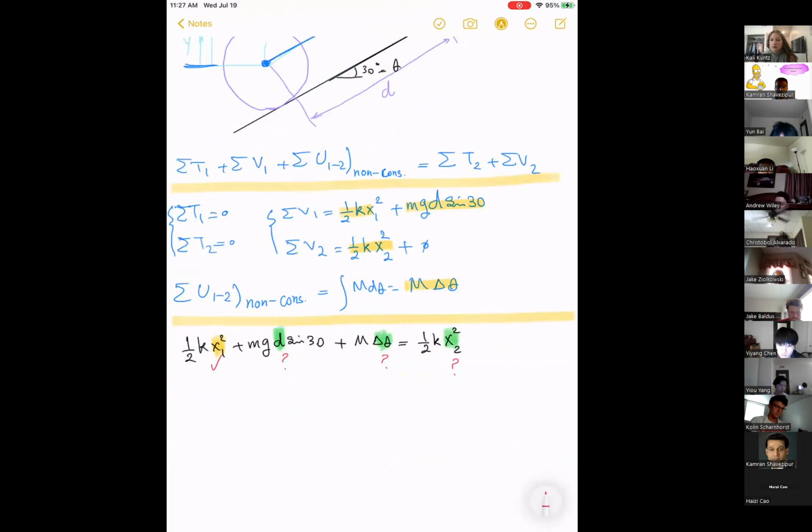Anyone can suggest how we can find extra equations to find like d or theta? Technically, d is the final output of the problem, so we're going to keep it. Anyone knows how I can find x2 or delta theta in terms of d?